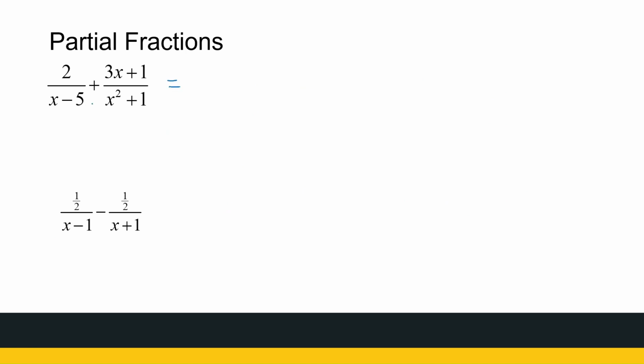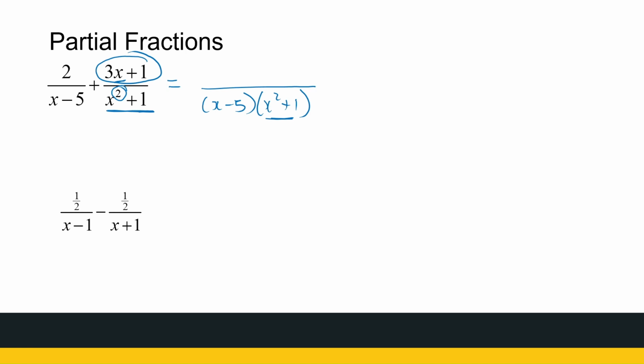All right, some other things to note. In this case, I have got a quadratic that's irreducible in my denominator. If I add those together, same technique, x minus 5, x squared plus 1. I've got a quadratic that's irreducible, so this will have the possibility of having a linear function in the numerator. And we will see examples like that soon.